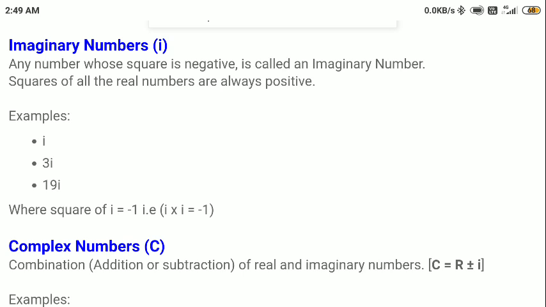Real numbers were the numbers which are actually found in nature in some form. In any sense, we will find some value of those numbers. But there are some numbers which are not actually found in nature. They are called imaginary numbers.